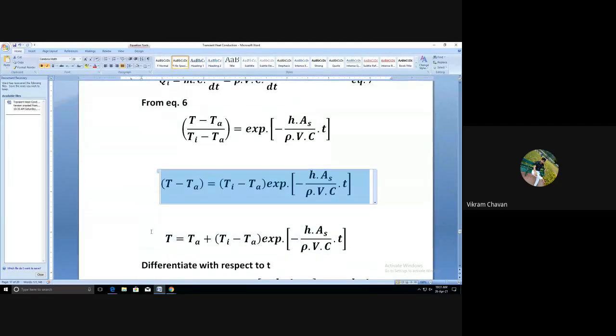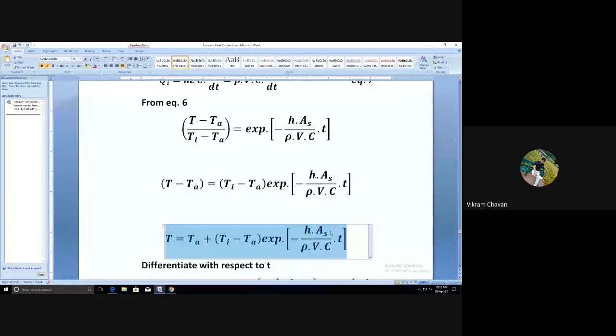So we'll get the equation as T is equal to Ta plus Ti minus Ta exponential of minus h multiplied by A suffix s divided by rho V c multiplied by t. Okay, everybody reach up to this particular equation.